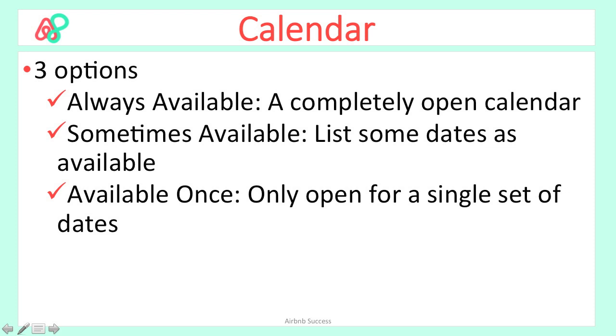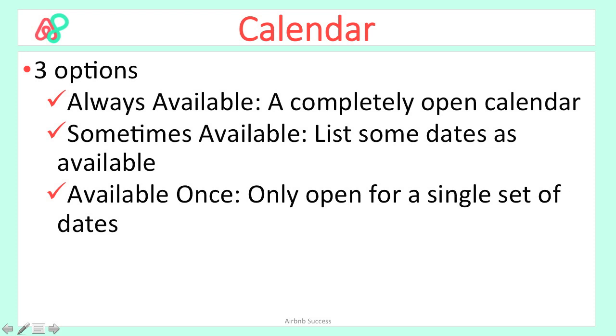The second option is sometimes available. You can list some dates as available and some days you block. If you want your family to come to stay or a friend gathering or you just don't want anyone in your space, you just want it for yourself, then you can choose this.